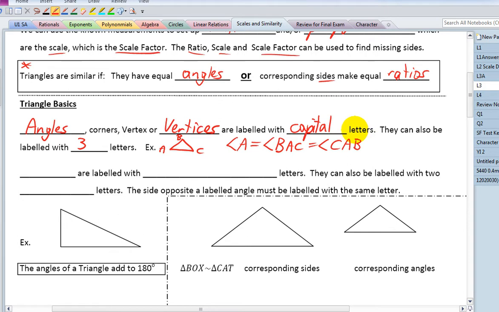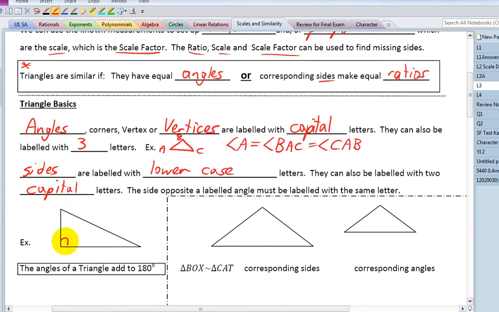Capital letters for the corners. That's different than the sides. The sides are labeled with lowercase letters. Okay, so it must be the small letters. But they can also be labeled with 2 capital letters.